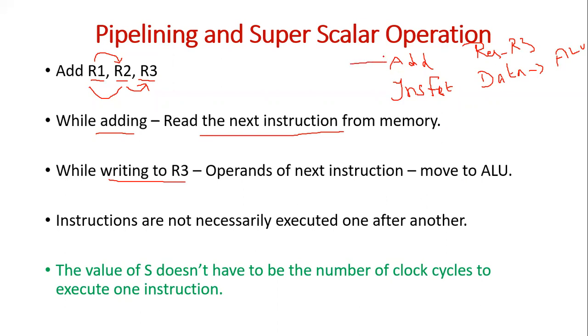When the first instruction is adding, you are fetching the next instruction. When the first instruction is storing the result, the data corresponding to the next instruction is moved to the arithmetic logic unit. This is called pipelining.